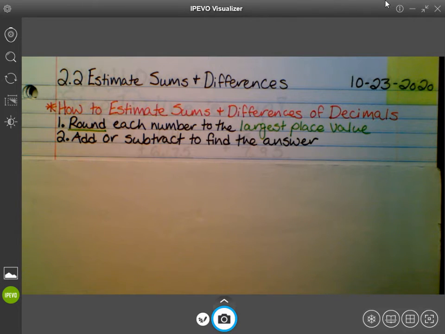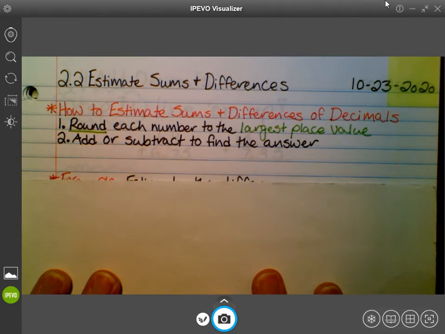Let's say we have the number 1,569,722. What's the largest place value in that number? Allison? 1 million. So when I say round each number to the largest place value, it means the place value all the way to the left of the number. Because when we go to the left, the place values get larger.